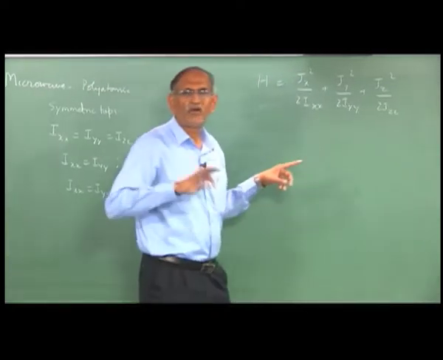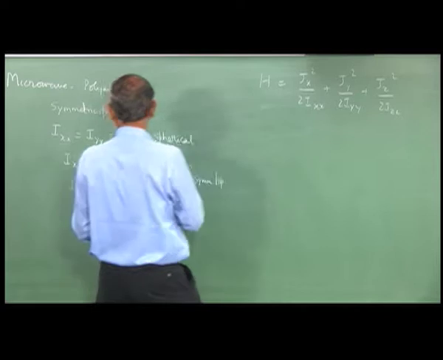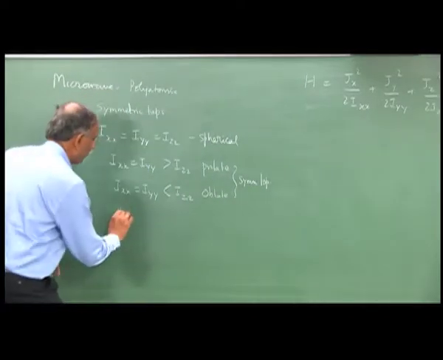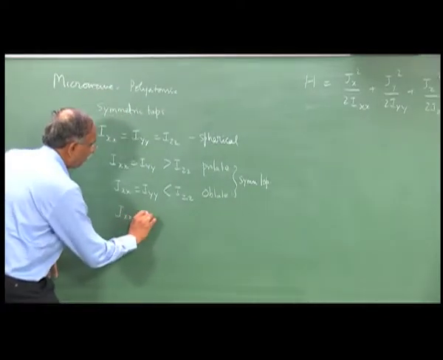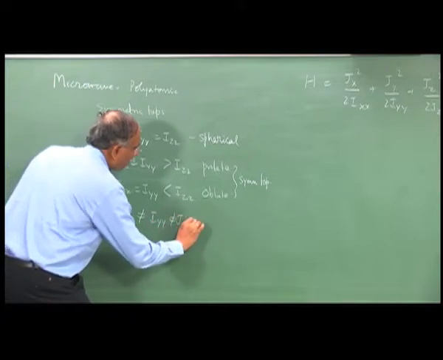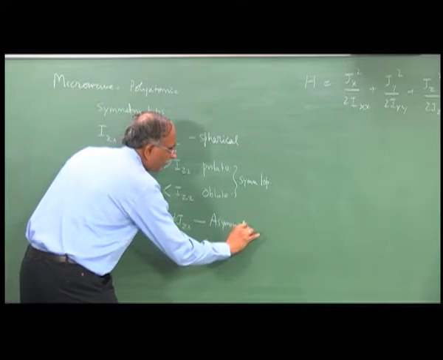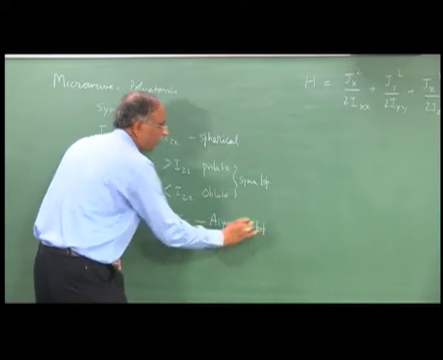And this I did not solve in this course because it's called an asymmetric top. The three cases Ixx not equal to Iyy not equal to Izz is called asymmetric top. And some examples were given in the lecture.